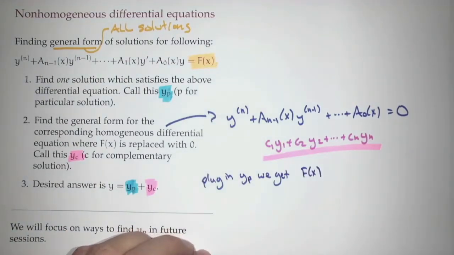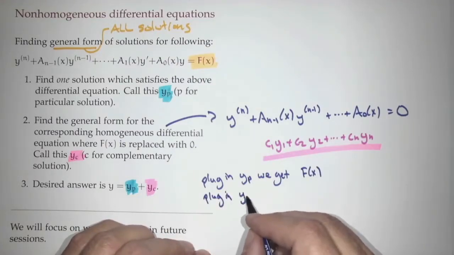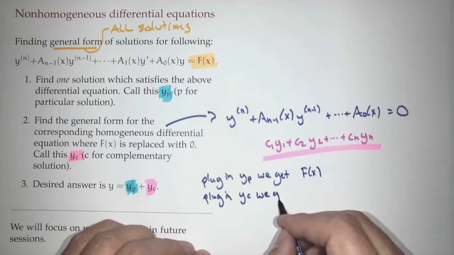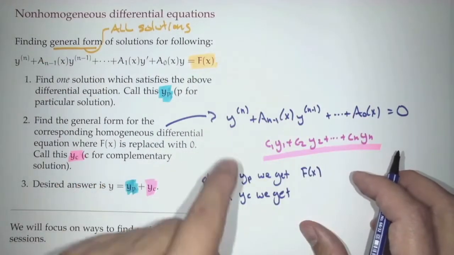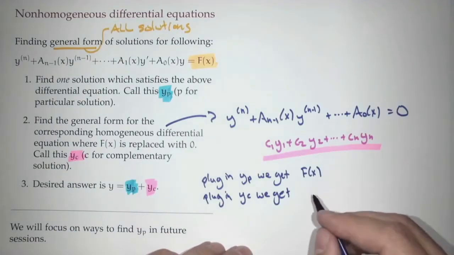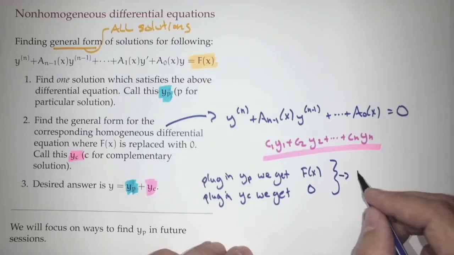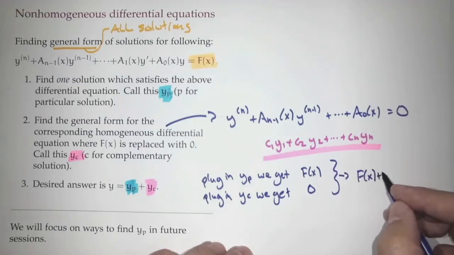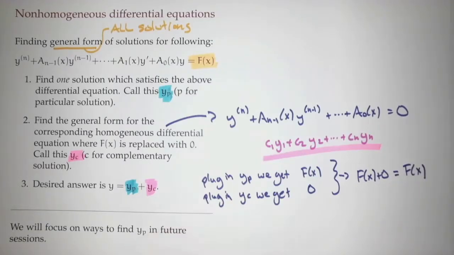What happens when we plug in that complementary part, y sub c? Again, we're plugging it into the same left-hand side. What comes out? 0. Now we use a very cool fact: f of x plus 0 is f of x. Therefore, by adding on that complementary part, we still have a valid solution.